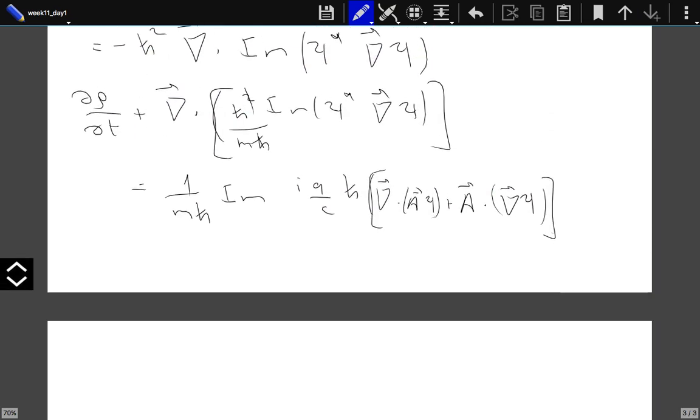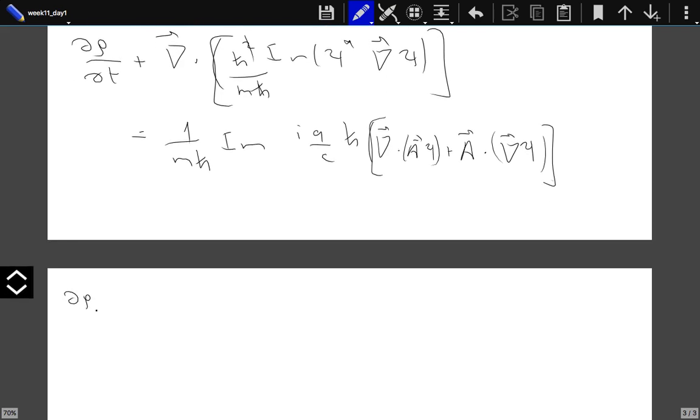So let us work with the last term we have. Let me rewrite it once more: del rho by del t plus the divergence of h bar over m imaginary part of psi star gradient psi. The h bars cancel.